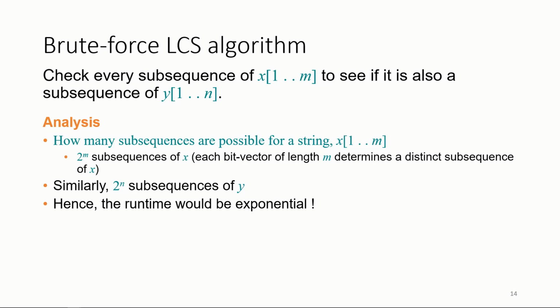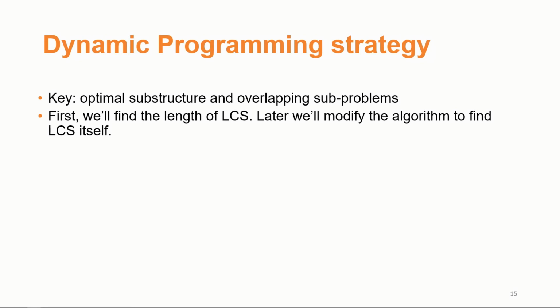I will explain this in another video. Similarly, 2 to the power n subsequences are possible for the string y. Hence, the total runtime will be exponential. As we all know, the exponential runtime is one of the worst runtimes you can imagine. We need to find a better solution.